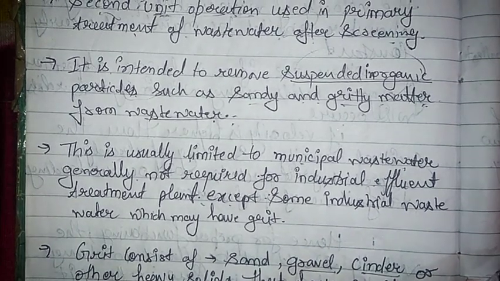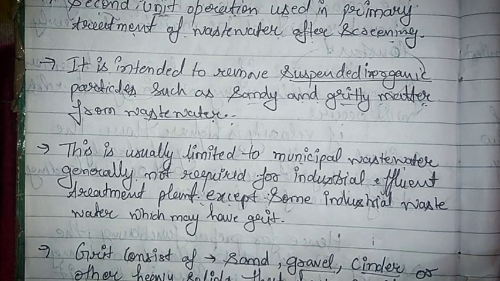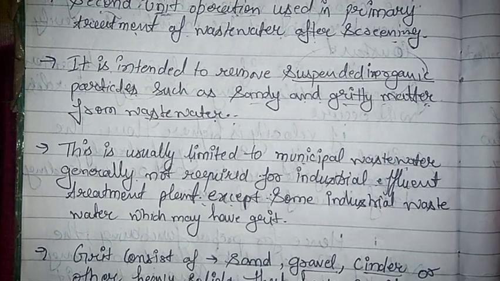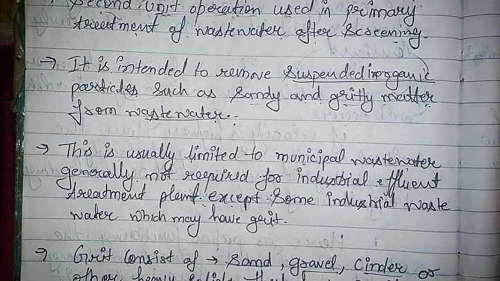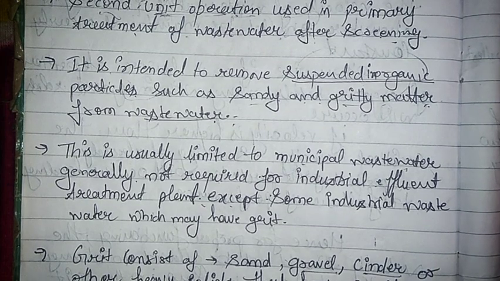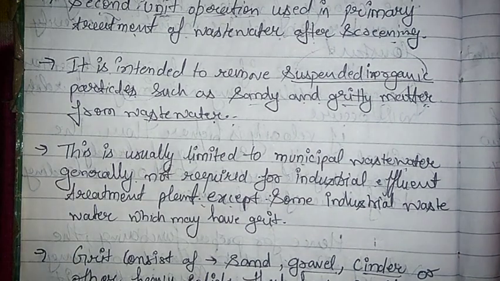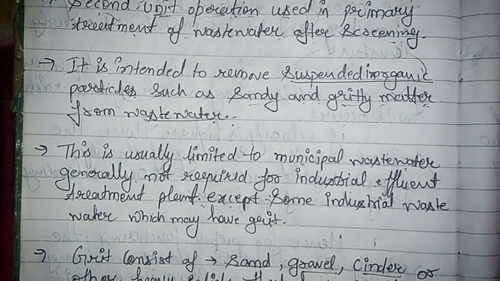Gritty particles come into the wastewater due to storm drainage. When storm drainage gets mixed with sewage, the quantity of grit material in the sewage increases. So it is very important to remove these gritty materials from the sewage.